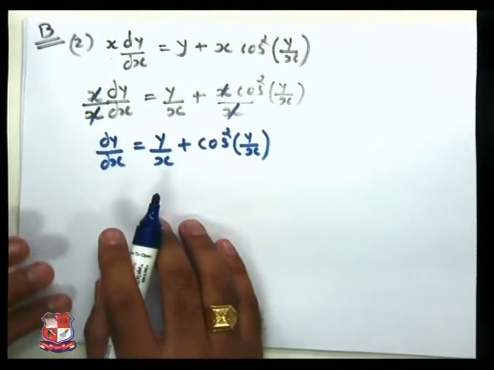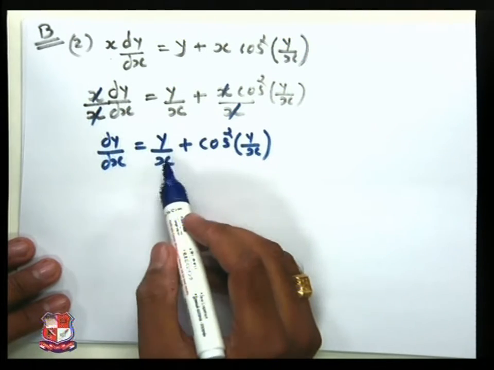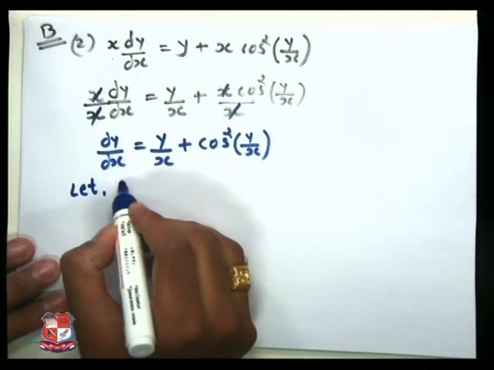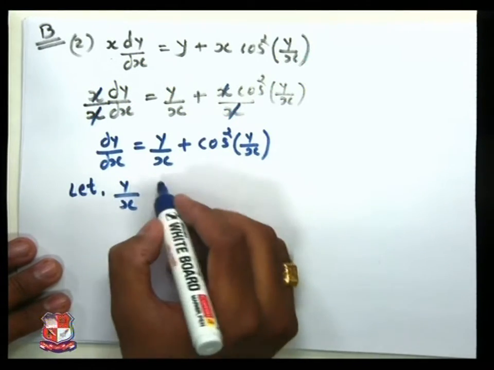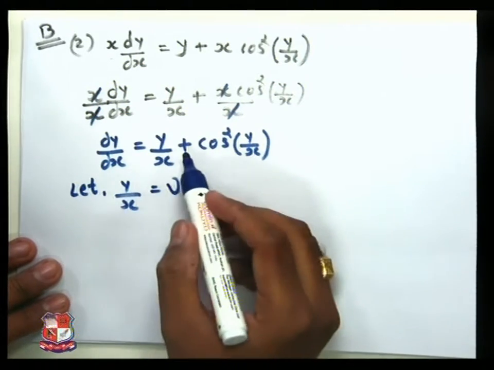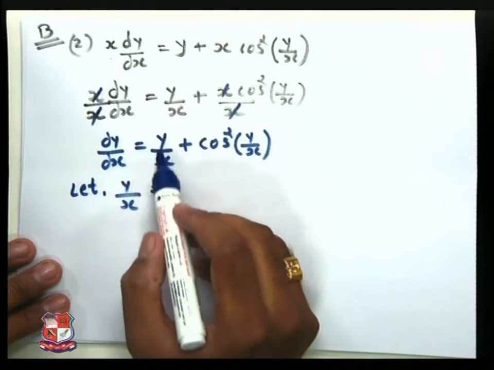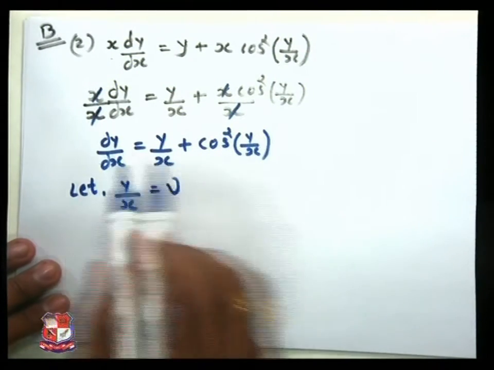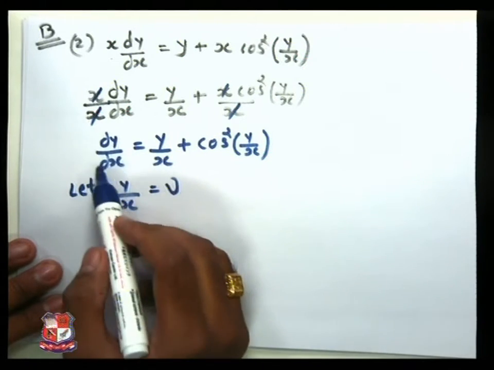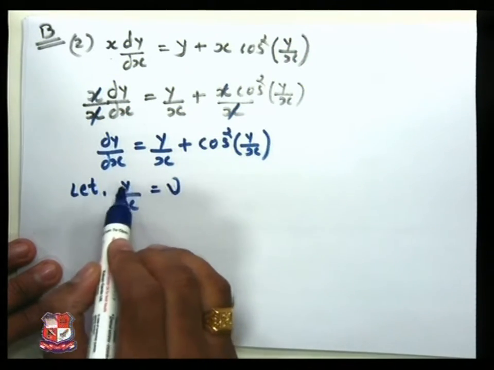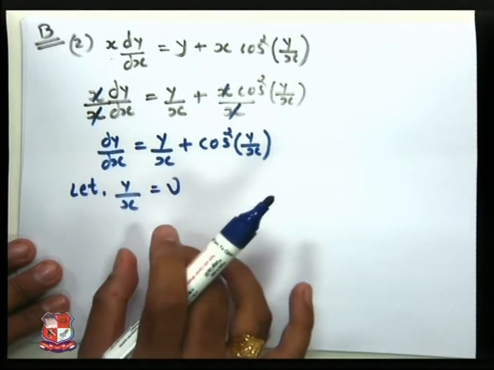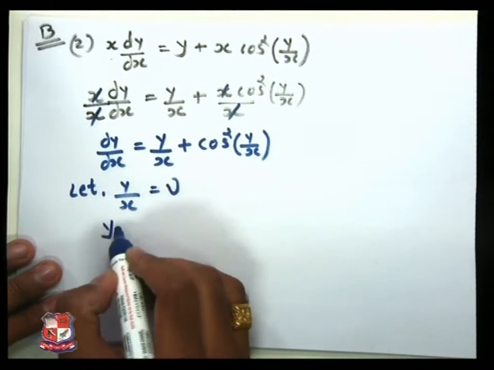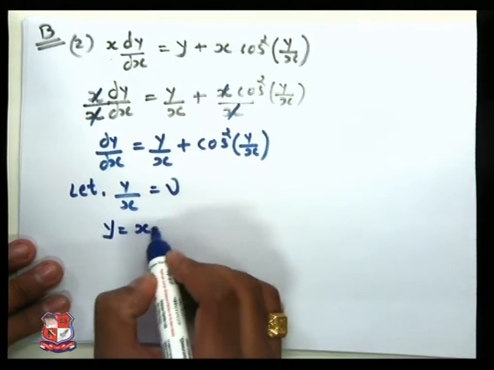Now we assume y by x is equal to v. So let y by x is equal to v. So in our above equation, y by x is replaced with v, and again y by x is replaced with v. But we also want to find dy by dx, so we differentiate this equation and replace dy by dx also. So y is equal to x into v.